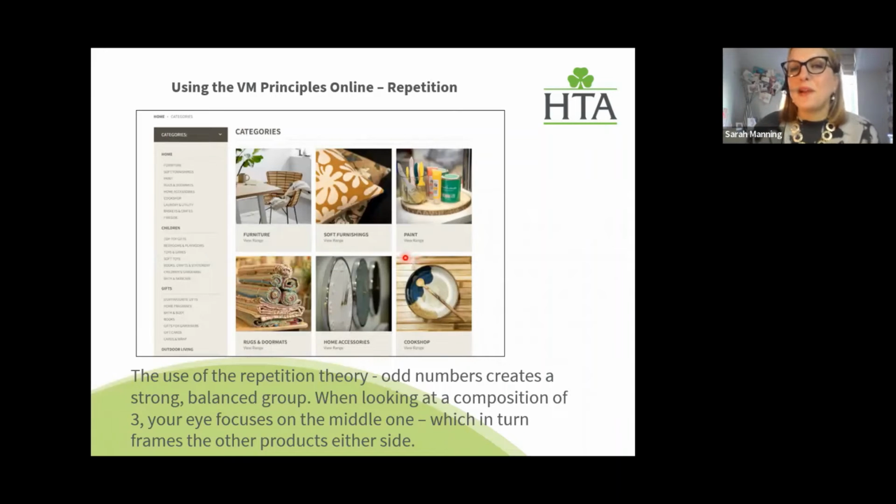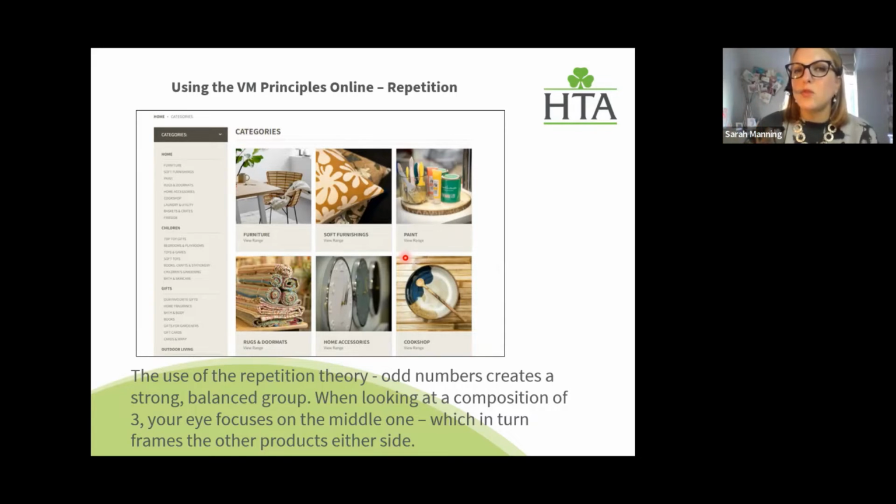Our other most popular composition is repetition, which is our blocks of threes or odd quantities. I think that is quite evident online. You see a lot of websites where you're creating blocks of three icons or odd quantities of icons, which tends to work particularly well.